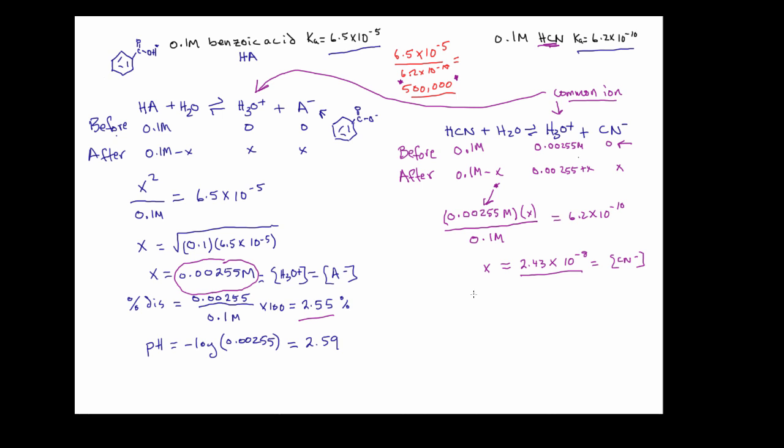So if you run that number, what you're going to find is that we're well within our decision to have neglected the X. So in other words, if we take the ratio, I'm going to let the viewer do this on their own. If you take the ratio of this number against this number times 100, you're going to get a very small percentage, which is well within 5%, and so the assumption to neglect the X was fine. So this is the concentration of the CN minus. All right, and with that, I'm going to go ahead and close the video.